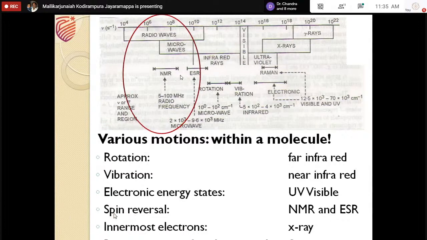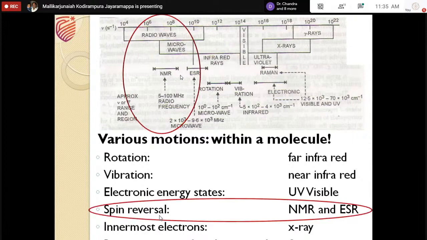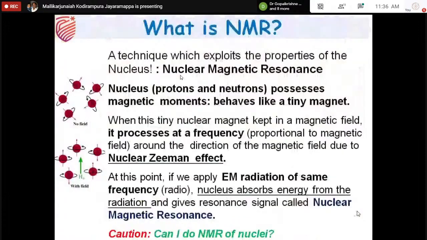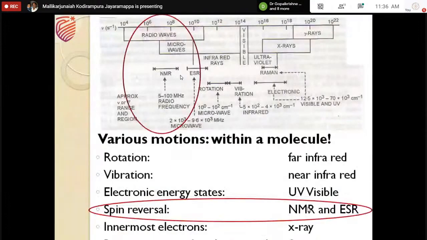That is what we are discussing in today's topic. Whenever the magnetic property of the nucleons and of the electrons interact with electromagnetic radiation, a resonance happens, where the energy level difference matches that of the incident electromagnetic radiation. We call it nuclear magnetic resonance and electron spin resonance. We'll talk about that in detail in a minute.